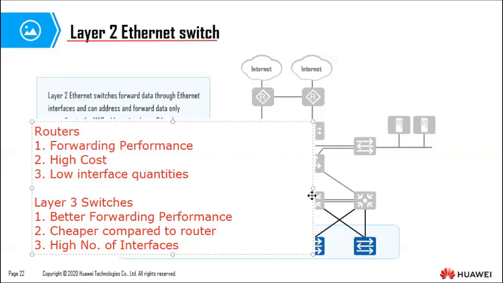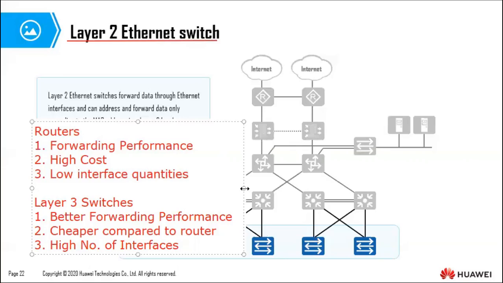So you see, if you use that at the aggregation layer, your network cannot expand very much, right? But if you use a layer 3 switch, it gives you 12 interfaces or 24 or even 48, which means your network can grow further, right? So that's why at the aggregation layer or even the core layer, we use layer 3 switches, for these reasons. I hope you understand that. It's very important.